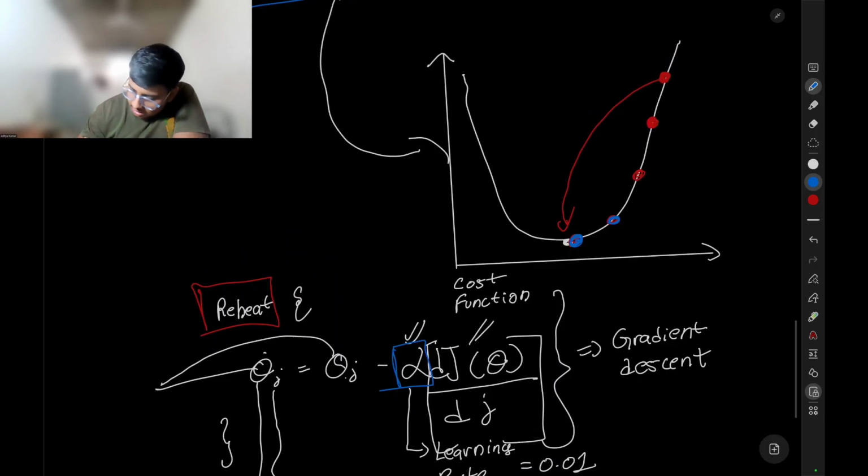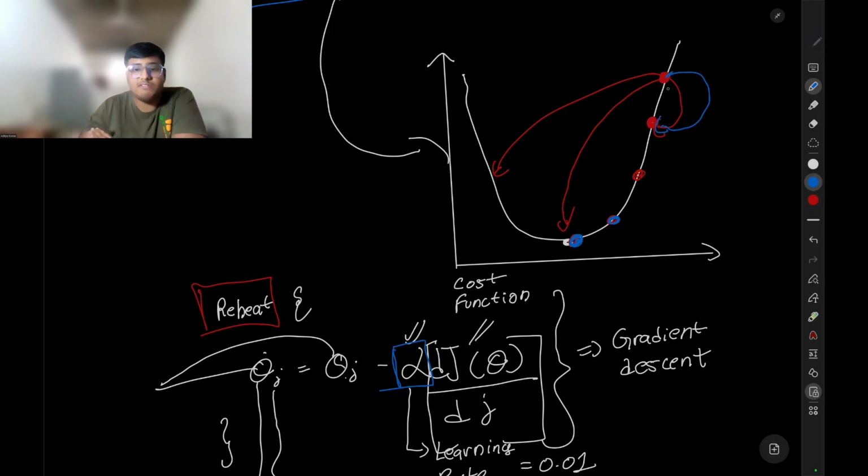Instead of the loss function going from here to here, it will go here. The loss function should go from here to here. But if we set the learning rate very high, for example, 1,000 or 100, the loss function can go from here to here.